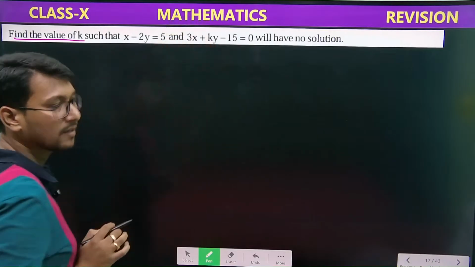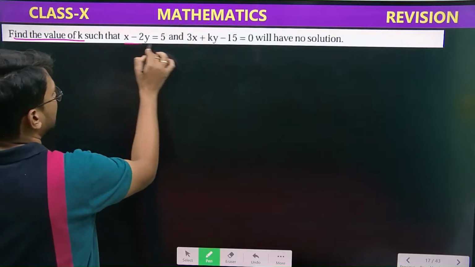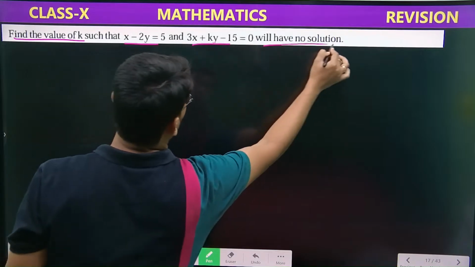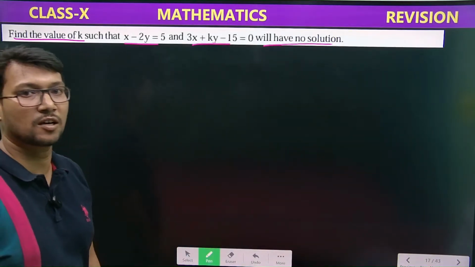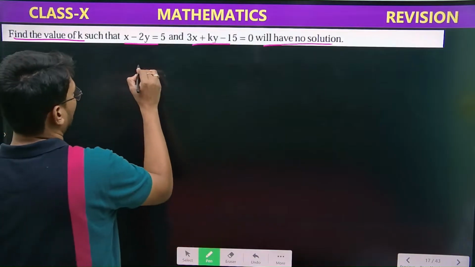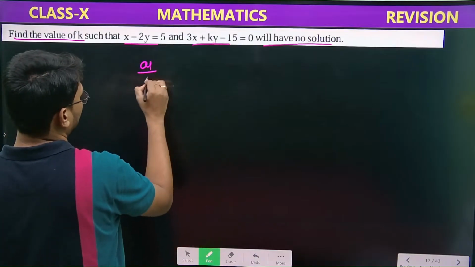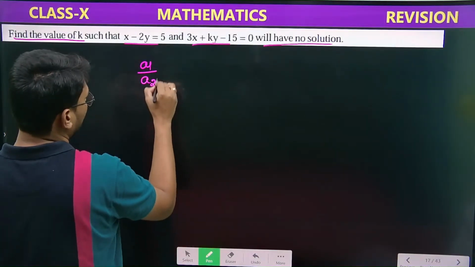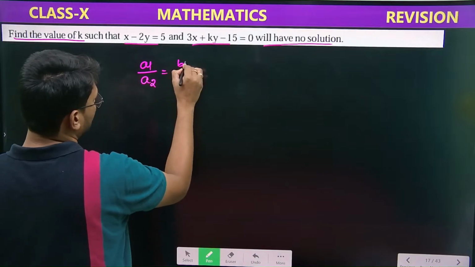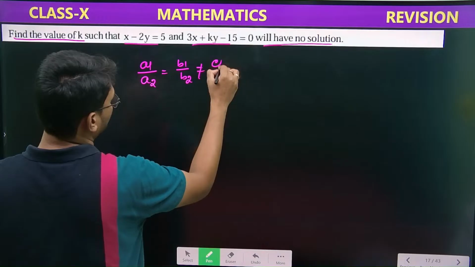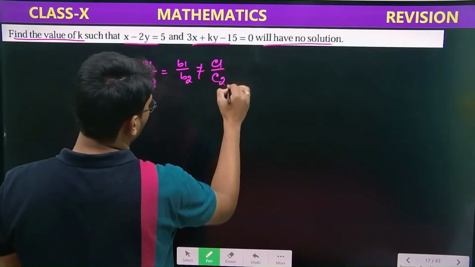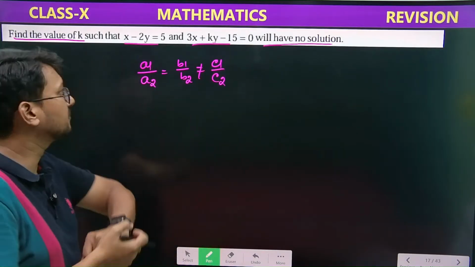Here is k, such that these two equations will have no solution. What is the condition for no solution? A1 by A2 equals B1 by B2 is not equal to C1 by C2. Clear, everyone? Check.